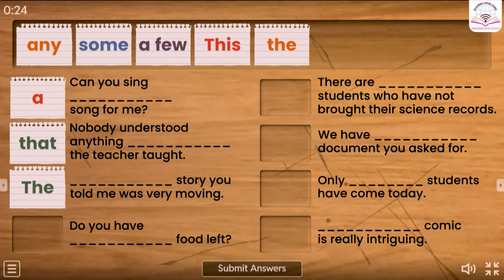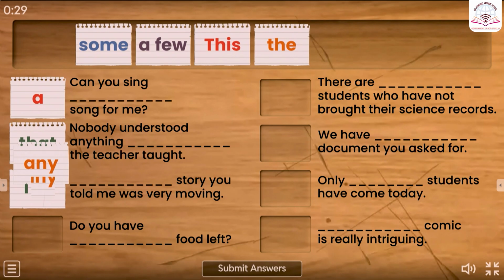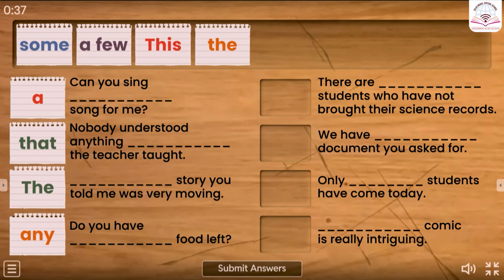Do you have dash food left? Here we are talking about something that is left. So I will pick any. Our next sentence is, there are dash students who have not brought their science records. So I will go with some.